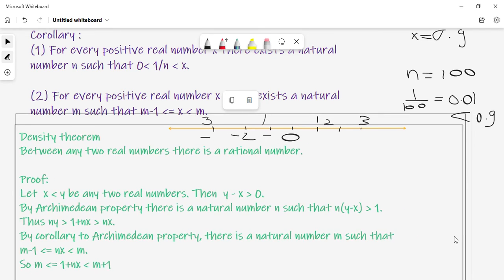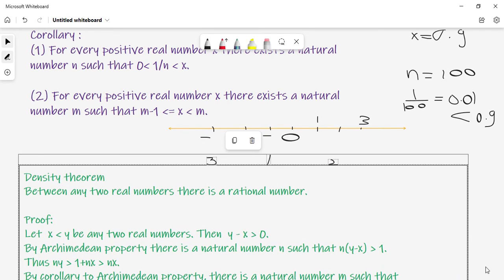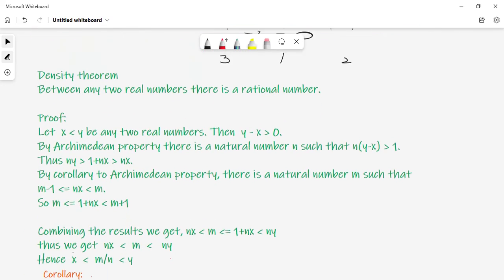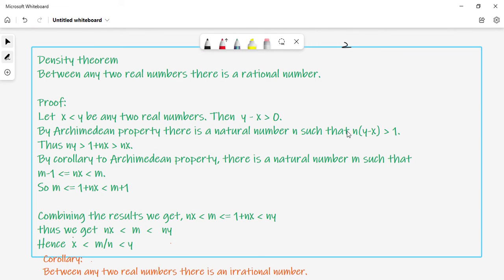Now let us deal with the density theorem. The statement is very clear. Between any two real numbers, there is a rational number.